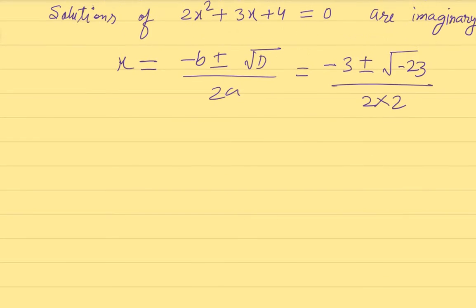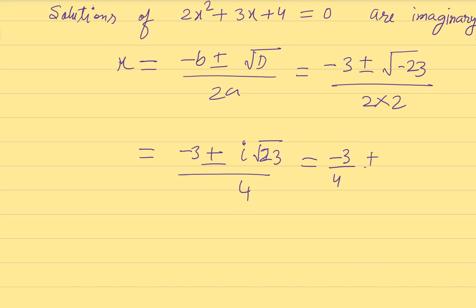Now we can simplify it: minus 3 plus minus i square root of 23 divided by 4, or we can say minus 3 by 4 plus minus i square root of 23 over 4.